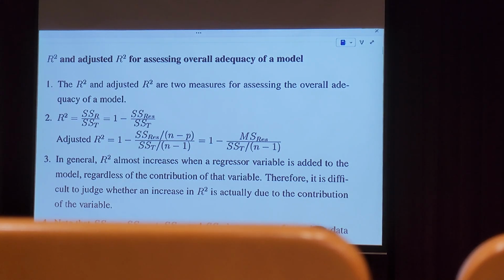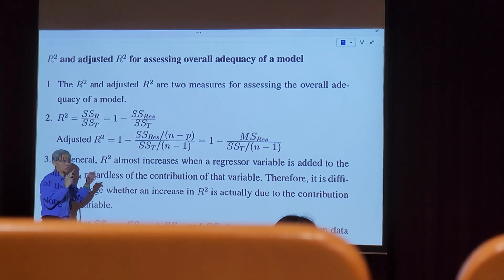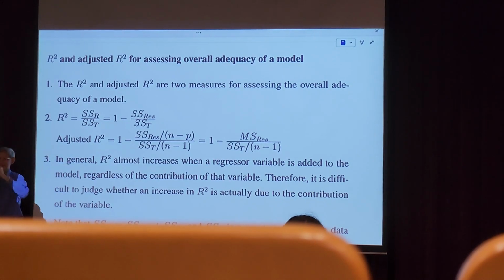Take this cholesterol data example: you can add age to the power of 4, age to the power of 5. So you get more and more complex models, right? And if you add enough regressors, R squared eventually will become 1.